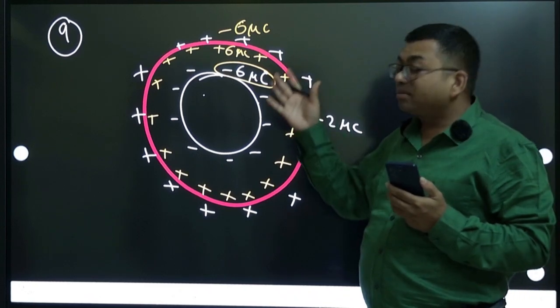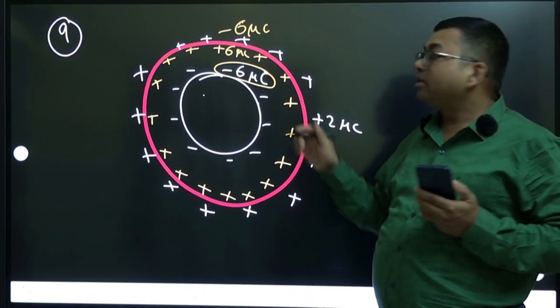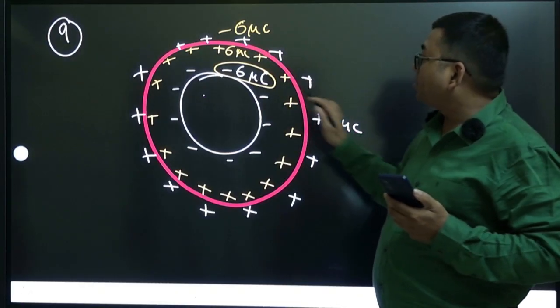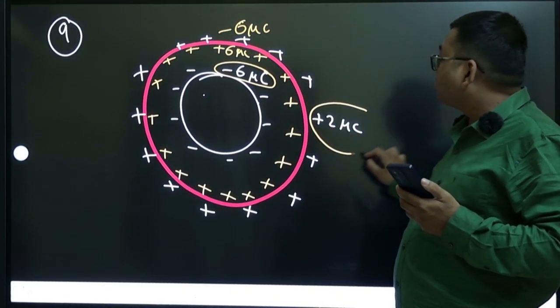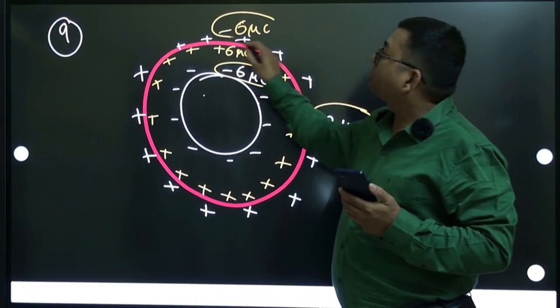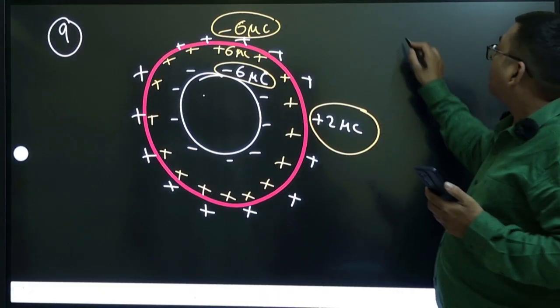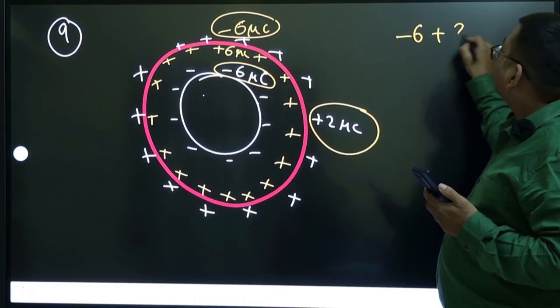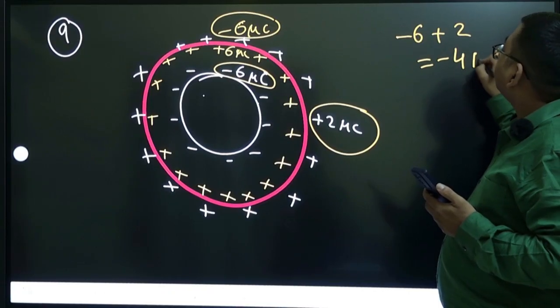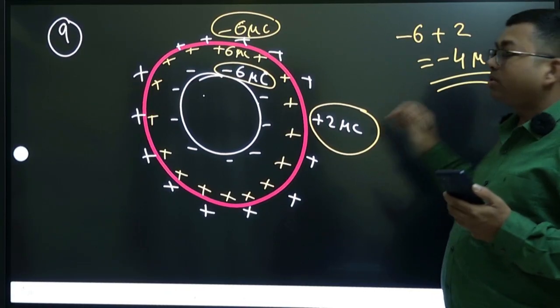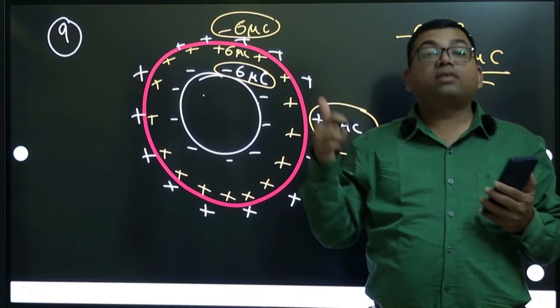So +6 -6. But now on this body there is +2, and due to induction -6. So -6 plus 2 will become -4. So this must be the total charge on the outer surface of the shell.